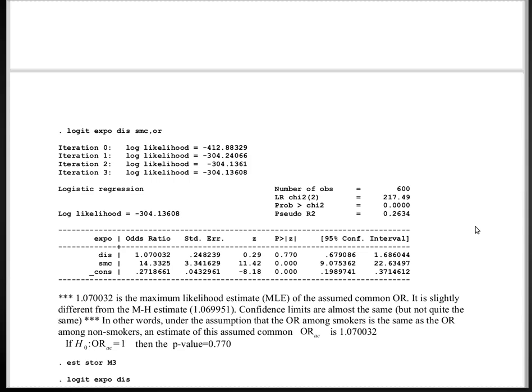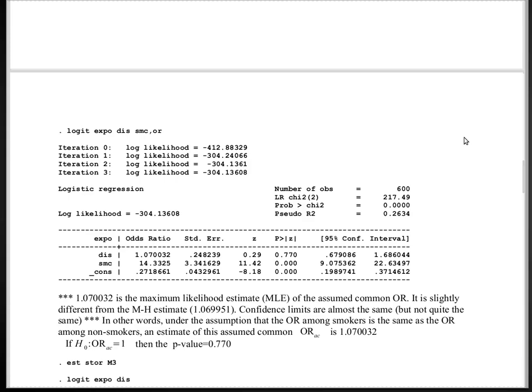As I mentioned earlier in this session, it is slightly different from the Mantel-Haenszel estimate that we get from stratified analysis. Now, the confidence limits are almost the same as well, but not quite the same.